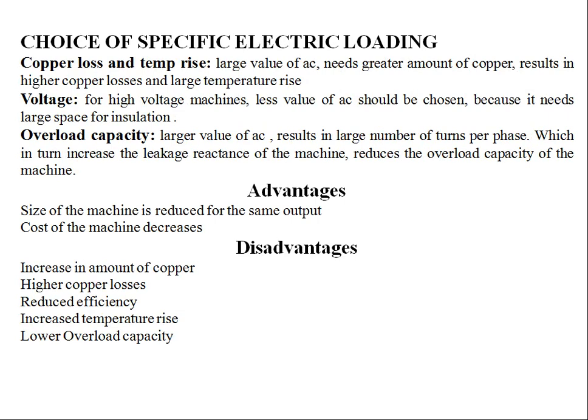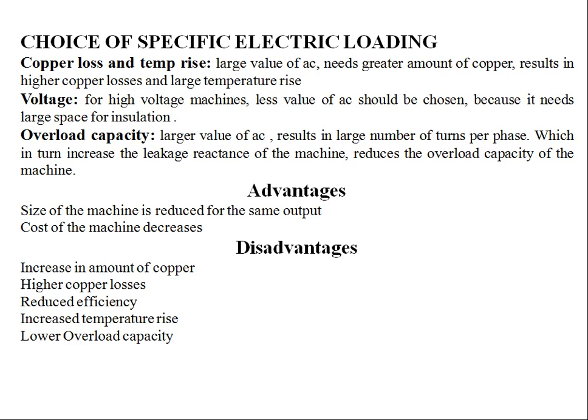So next we will see the choice of specific electric loading. The parameters that decide it are the copper loss and the temperature rise. The larger the value of specific electric loading, it means it requires more amount of copper.